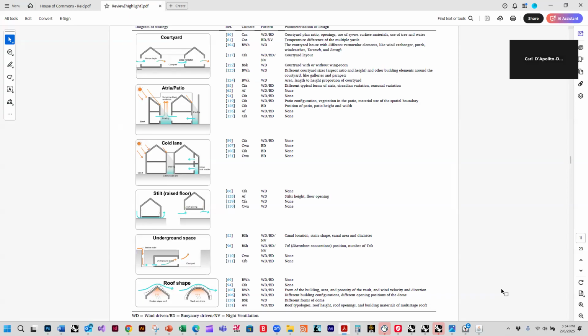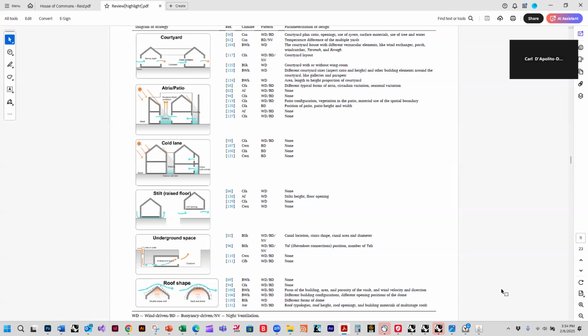Okay. So there are courtyards, and then there are what are called cold lanes. And then there are stilt things that are raised up off the ground. And then there are things that are using the earth. And then there are things that are using the shape of the roof. So let me just explain this a little bit before I move on and show you examples.